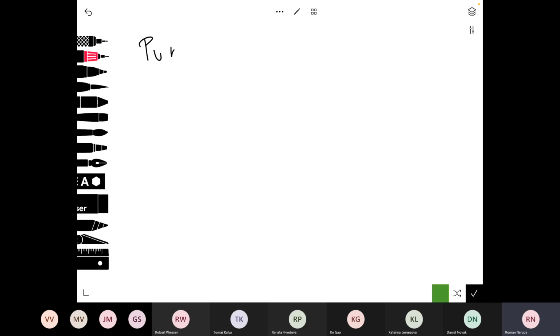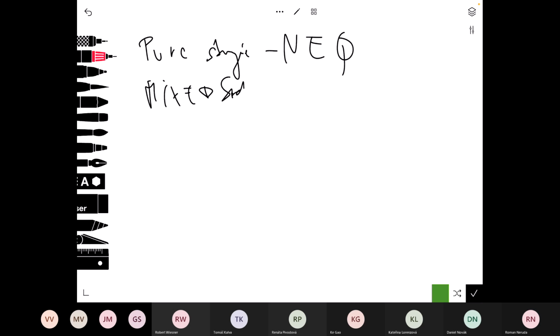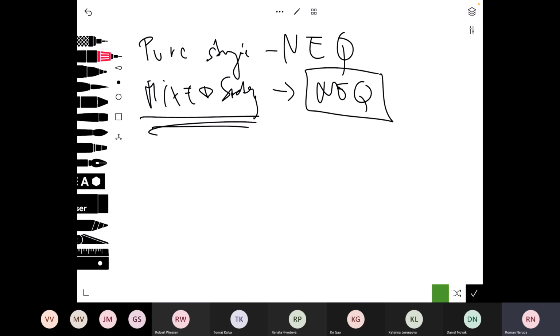So we know that we have games in pure strategies that have equilibria, Nash equilibria. The main theorem says that every game with a finite number of strategies has a Nash equilibrium in mixed strategies. So there's always a Nash equilibrium in mixed strategies.